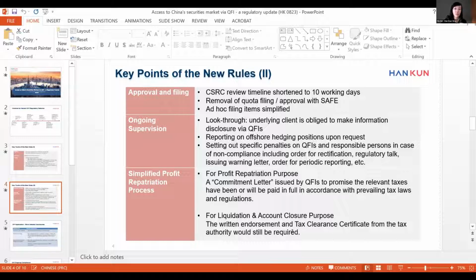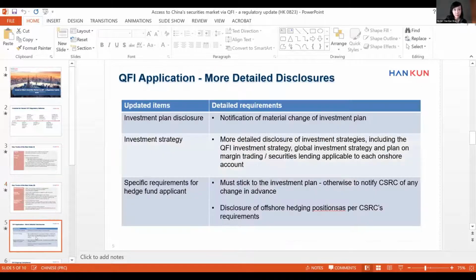I think this regulatory aspect is especially relevant to investors whose investment strategies involve quant trading, program trading, high frequency trading, etc. Because those trading strategies, by nature, may cause more market movements while they trade on the PRC exchanges.